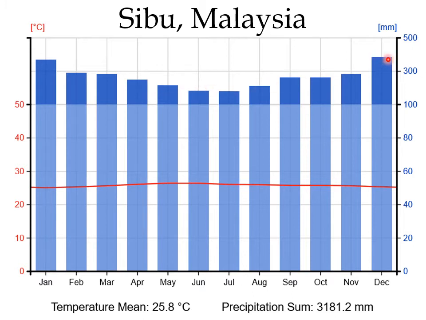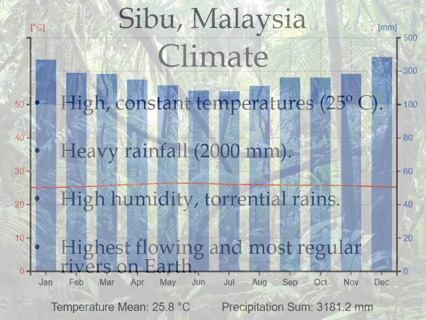We can see that some months rain a little bit more than the others, but they do not have important changes. So it rains a lot, more than 3,000 millimeters, which is a very extreme rain, and it's always very hot. And there are no seasons, they do not change along the year. This is typical of the equatorial climate.